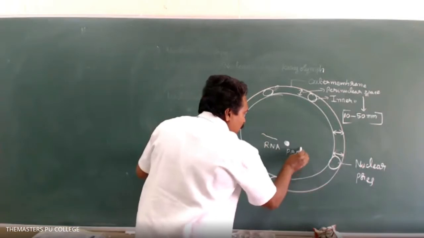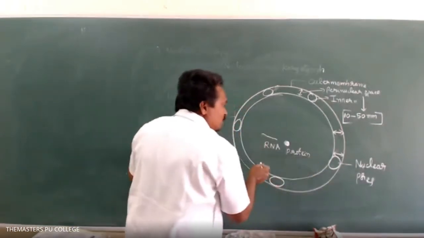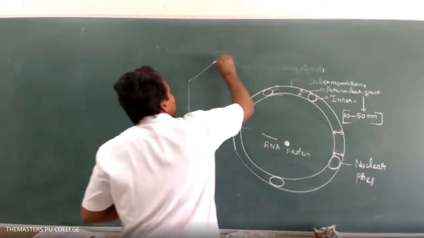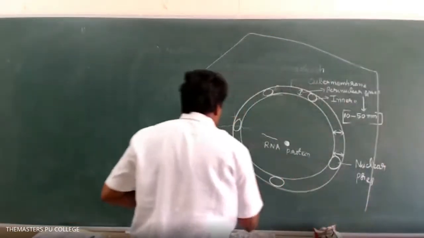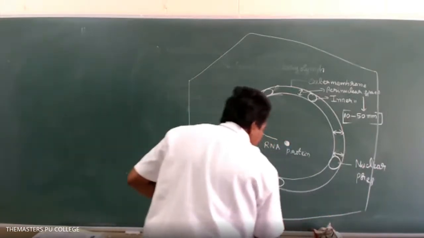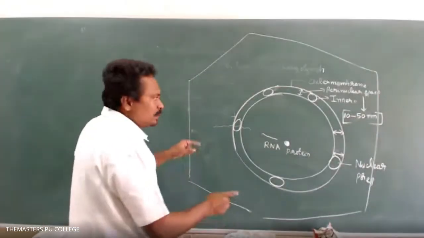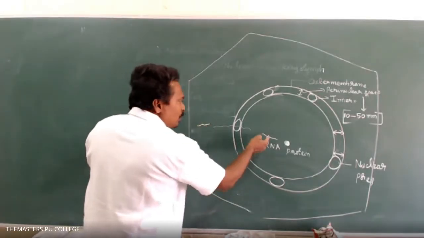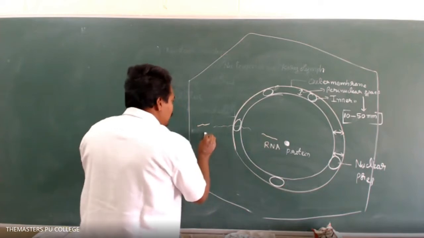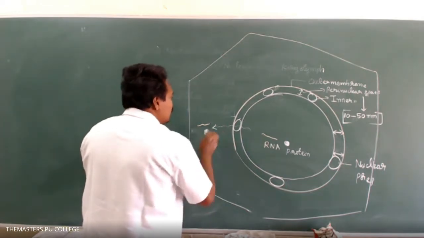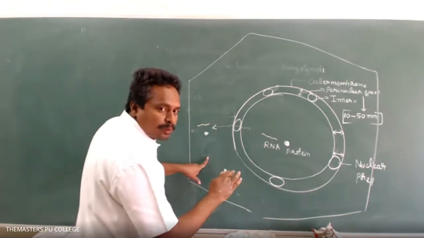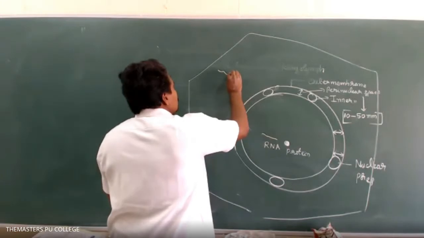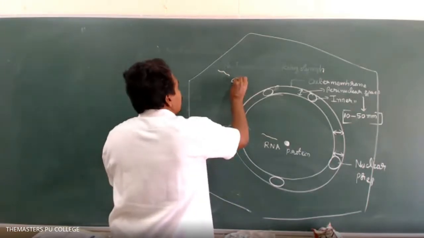The RNA and protein molecules move from nucleoplasm to the cytoplasm of the cell, and from cytoplasm to nucleoplasm of the cell.